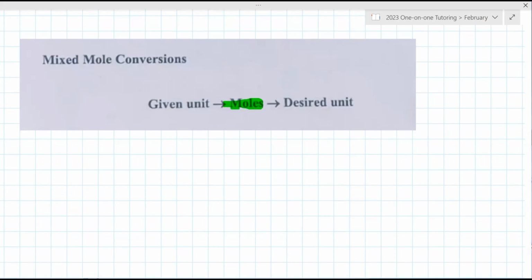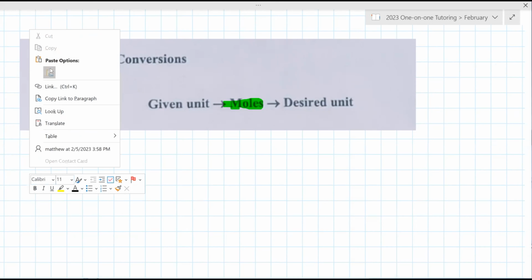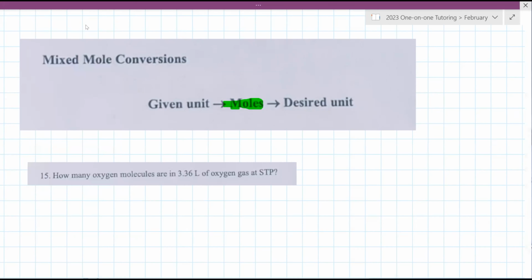You're going to use that later in the course where you compare the number of moles of one thing to another. So when they ask you a problem like 15, which I'm going to snip in here, they're hoping that you recognize you can't go from one to the other. You have to go through moles to get to the desired unit.